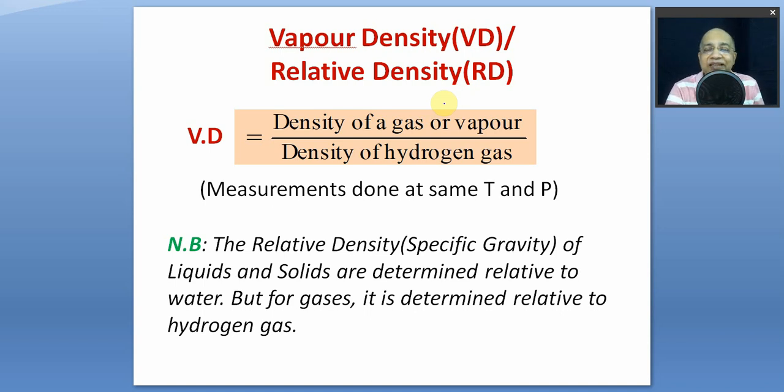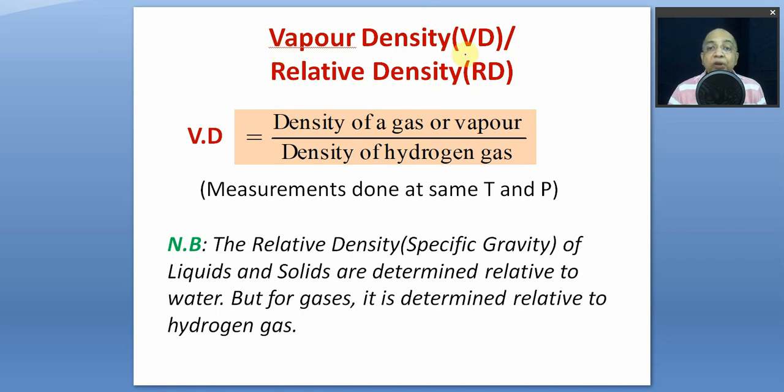But in gases, water is not taken as the standard for comparison. It is the lightest gas, hydrogen, which is taken for comparison. That means how many times a particular gas is heavier than hydrogen gas. So that relative density for gases has a different name.